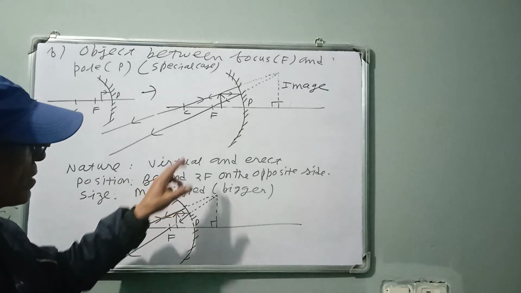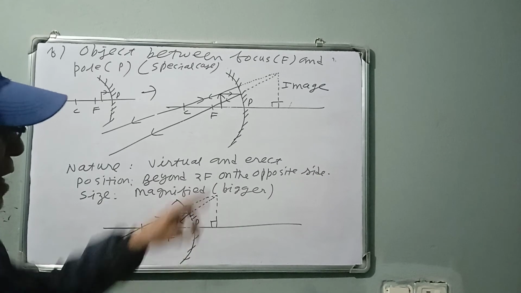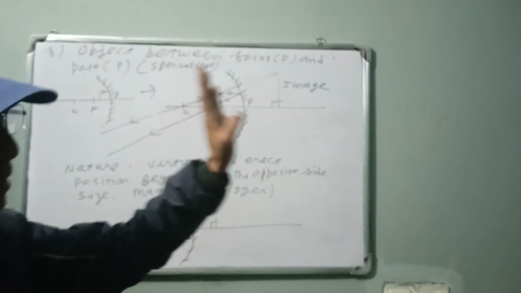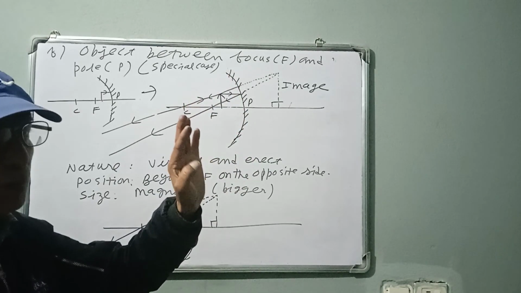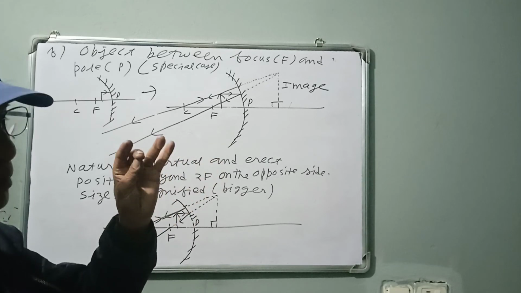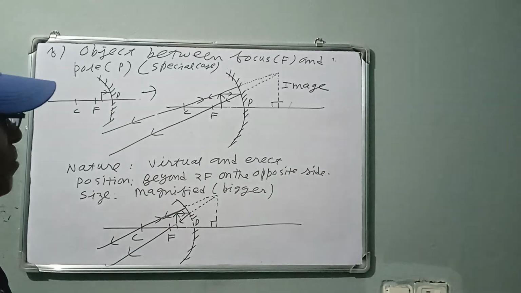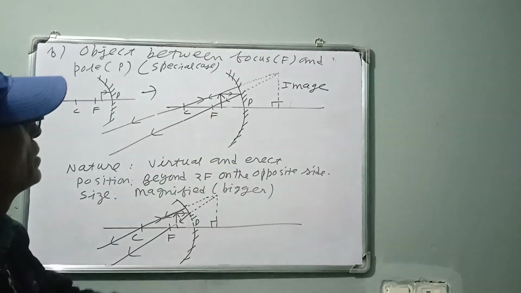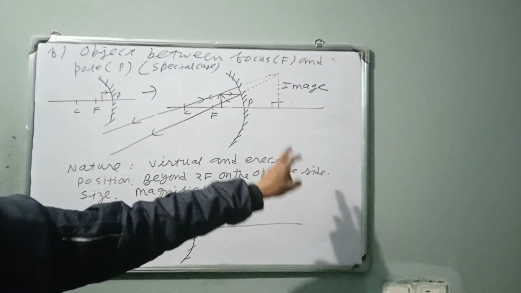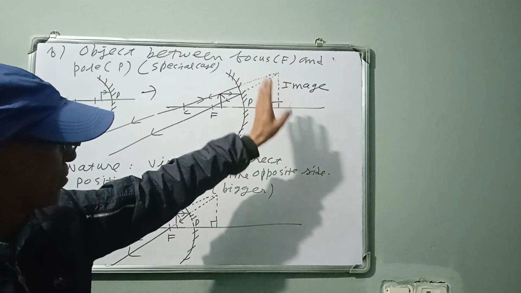There are 6 cases in concave mirrors, but 2 cases in convex mirrors. Case number 1, object at infinity. Case number 2, object beyond twice F. Object at twice F. Object between C and F. Object at F. And object between F and P. This is the special case because a virtual, erect and magnified image is formed on the opposite side of the mirror.